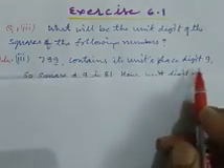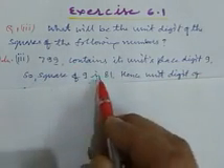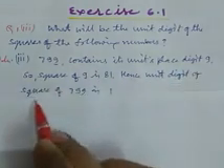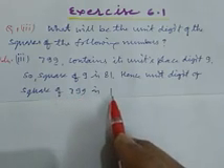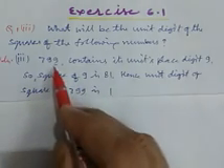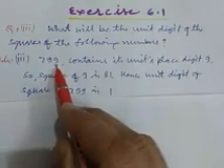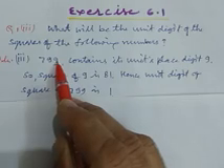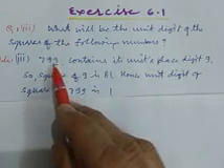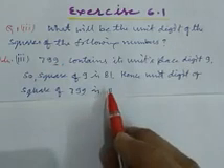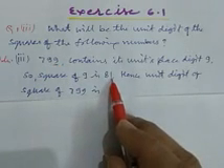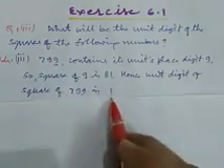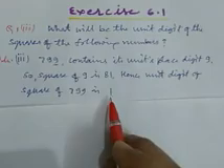So the square of 9 is 81. Hence the unit digit of the square of 799 is also 1. Okay. So we can check only the last digit, that is the unit digit, and make the square of that unit digit. Then we get the answer. So the unit digit of this number's square is determined by the unit digit of the number. So this way we can directly find it.